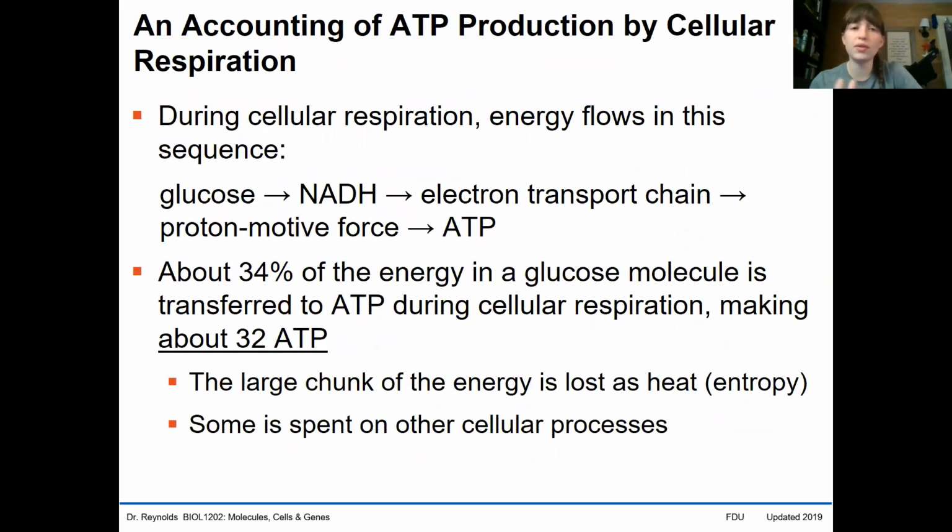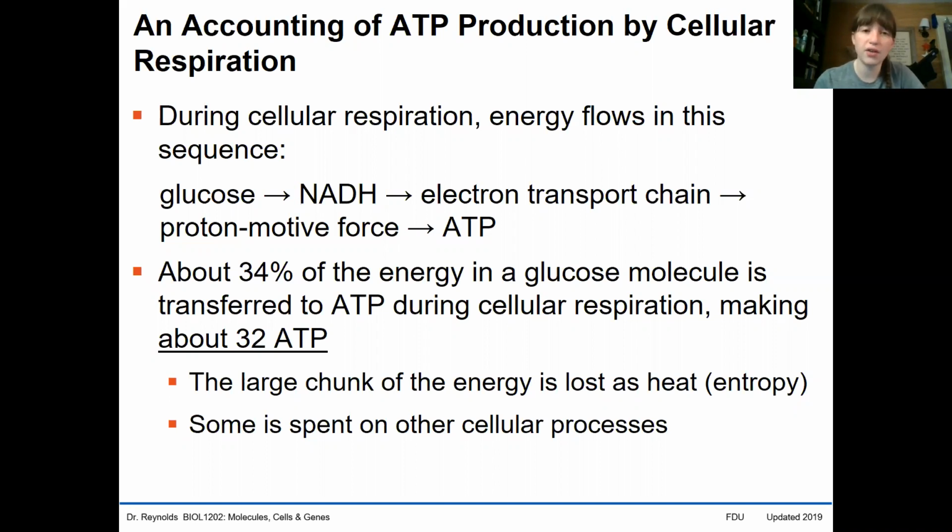Now, I want you to remember the flow of energy here to help you put all of this into context. During cellular respiration, glucose is going to be broken down, and those electrons are systematically harvested by enzymes called dehydrogenases. They reduce electron carrier molecules by taking the electrons from glucose and its downstream products.